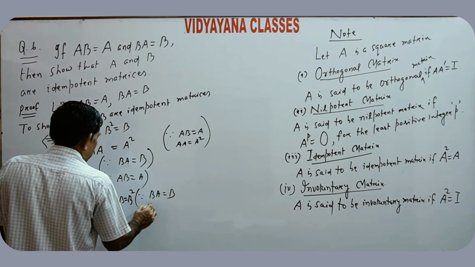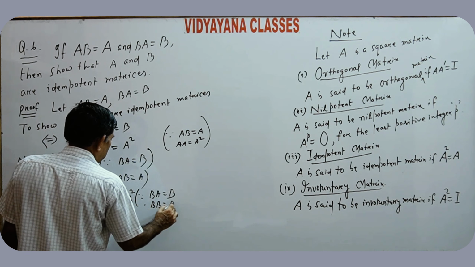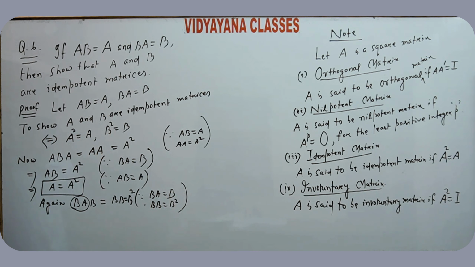Since B into B is equal to B square, this implies B into AB.